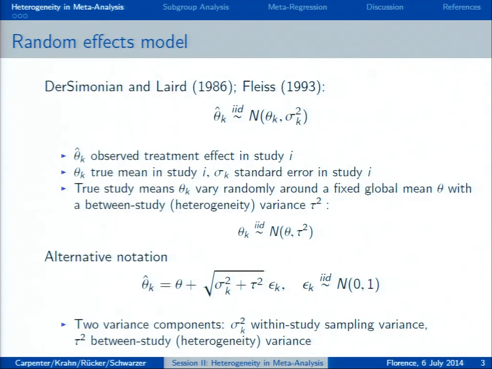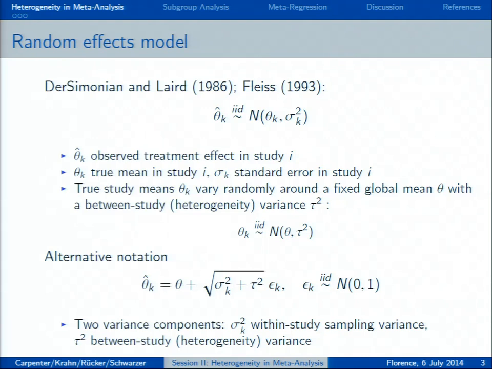So as I say, theta hat k is the effect from study k. Theta k is the true mean for study k, and sigma k is the standard error. And these means theta k vary randomly about the overall mean. And this then is the variance of that distribution, and that's the heterogeneity variance.